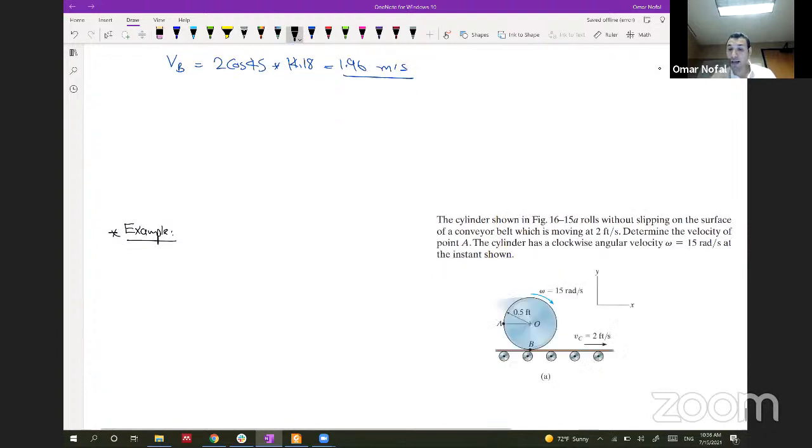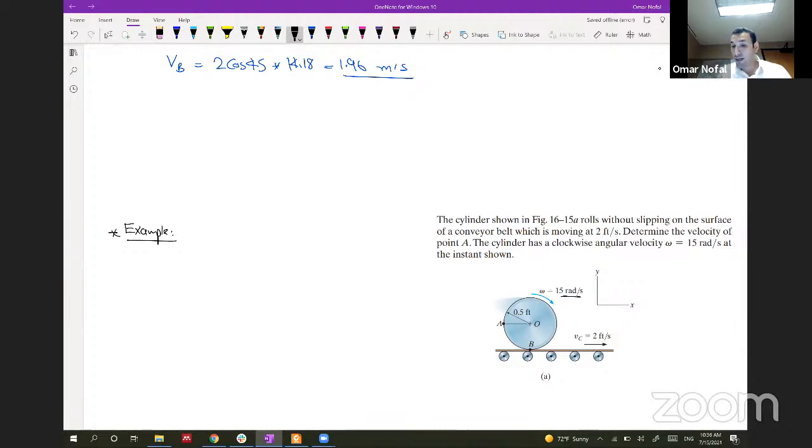For this one, we have a cylinder that crawls without slipping on the surface of a conveyor belt. The conveyor belt is moving like this, at 2 feet per second. So all this belt is moving with 2 feet per second. Determine the velocity of the point A, and the cylinder has a clockwise angular velocity omega of 15 radian per second at the instant shown.